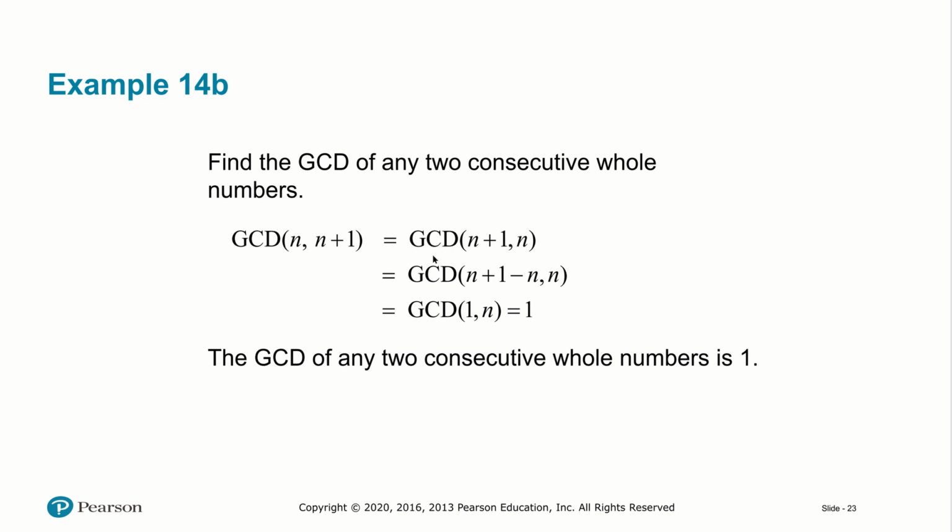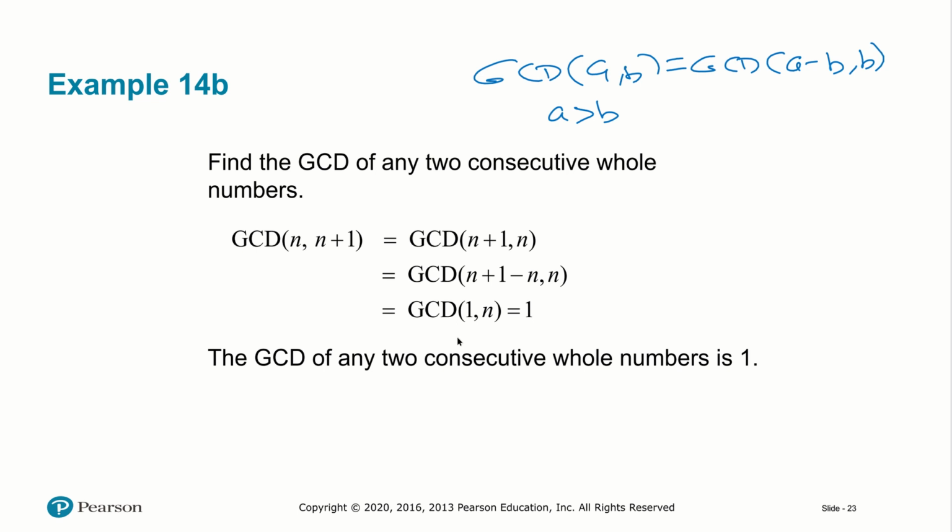Now we know that this is going to be the same as the GCD of their difference and the second number, right? The smaller number. Because between n and n plus 1, which one is the larger number? Obviously n plus 1. So according to the corollary, the GCD of A and B, as long as A is greater than B, is going to be the GCD of A minus B and B, right?